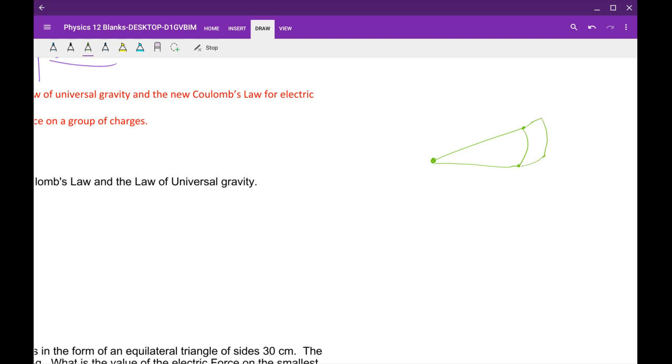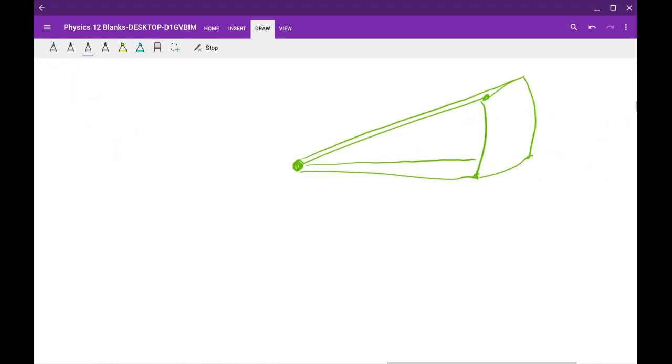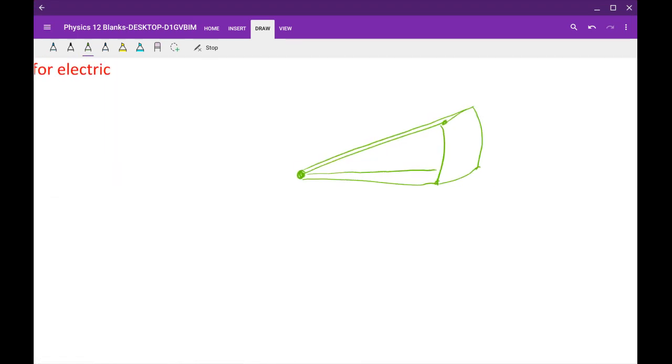So let's imagine that I've got some sort of thing that emanates from this point, and it goes out a certain distance.